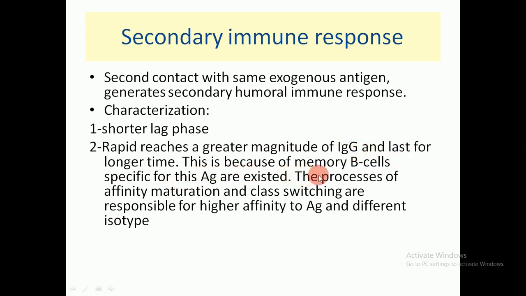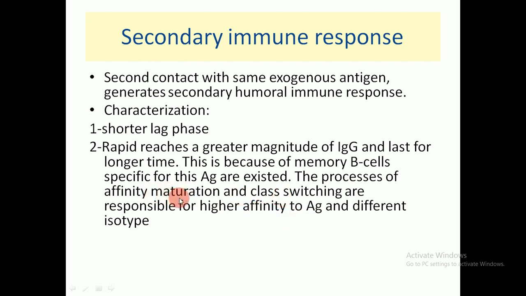This is because memory B cells specific for this antigen exist, and the processes of affinity maturation and class switching are responsible for higher affinity to antigen and a different isotype.